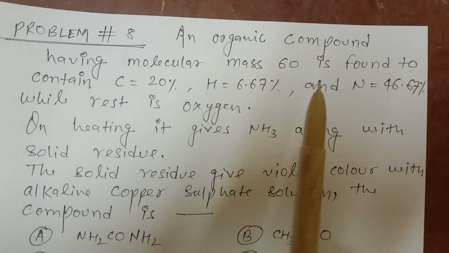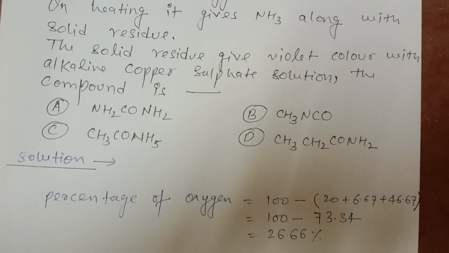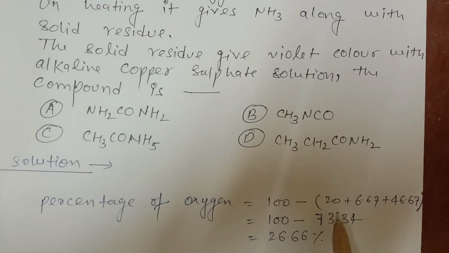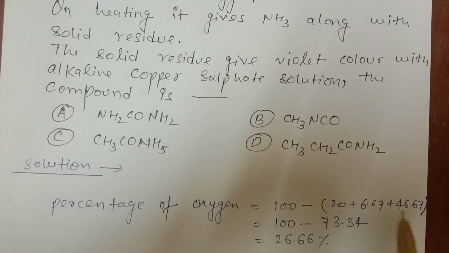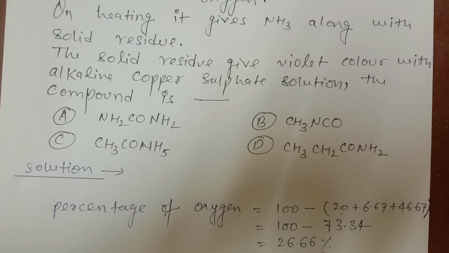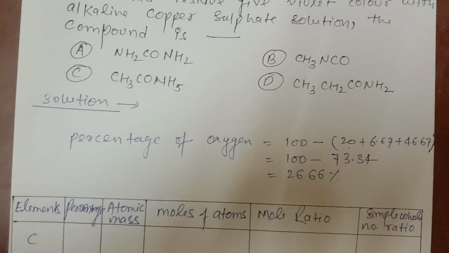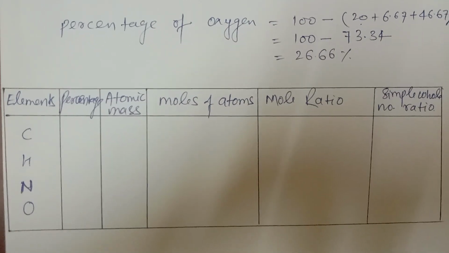Percentage of oxygen equals 100 minus the percentages of carbon, hydrogen and nitrogen. So it comes to 26.66%.